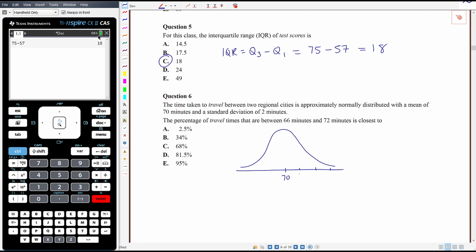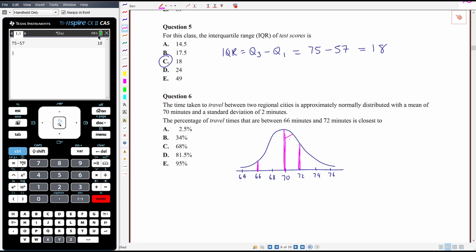So 72, 74, 76, and 1, 2, 3 standard deviations below the mean: 68, 66 and 64. We want the percentage of travel times that are between 66 and 72 minutes. So 66 is 2 standard deviations below the mean, and 72 is 1 standard deviation above the mean.